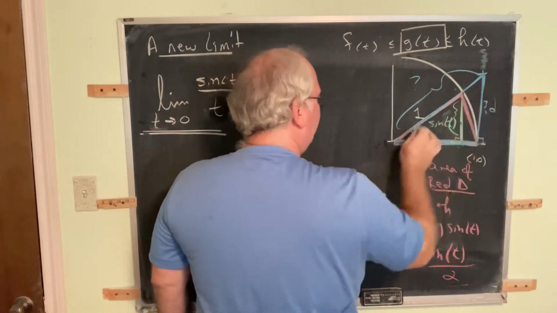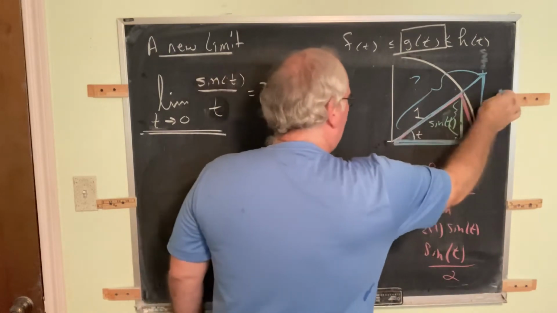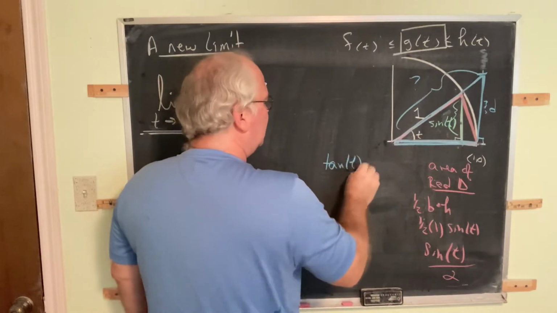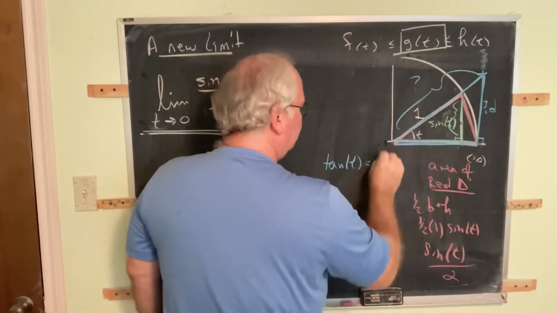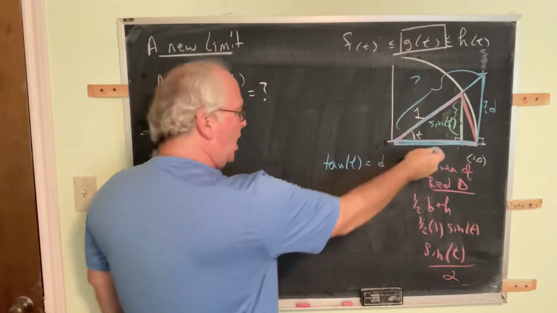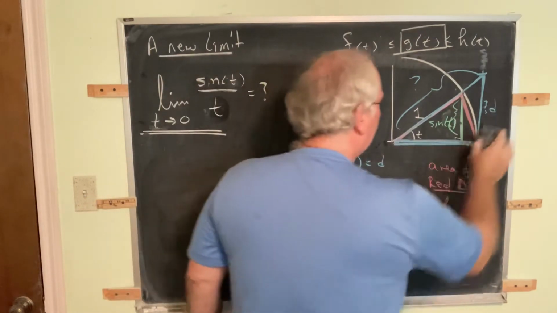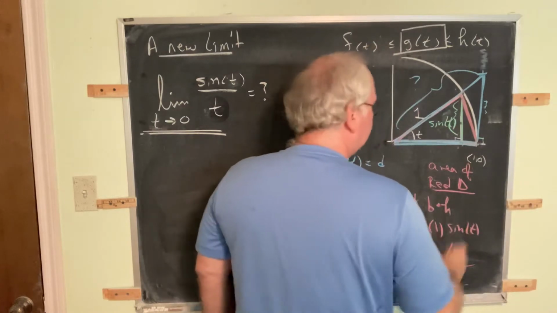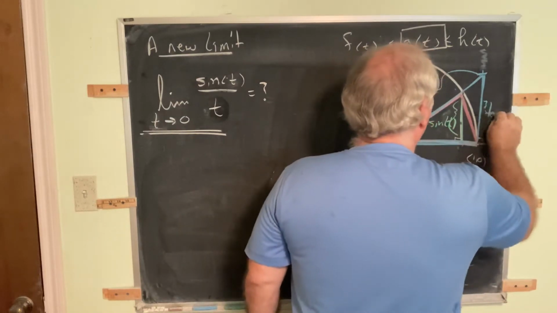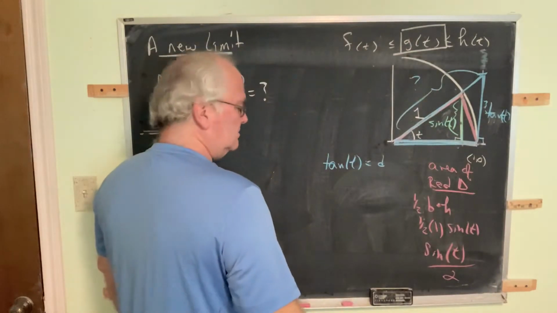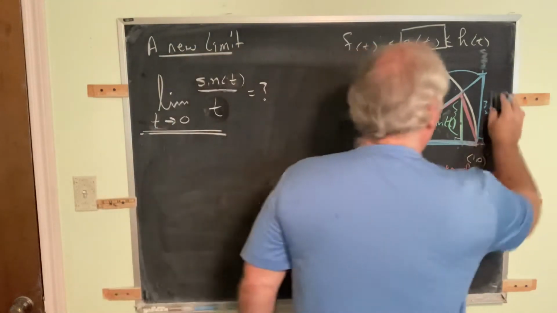So tangent of T is opposite, which is the distance we want, divided by 1. It's a unit circle, so this distance D is tangent T. That vertical distance is tangent of T.